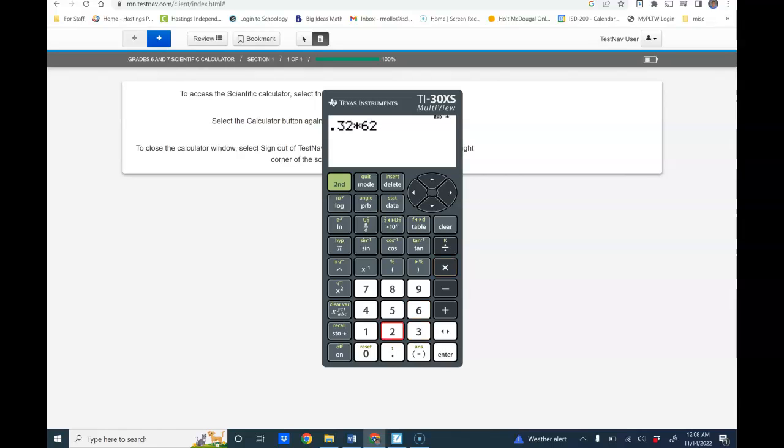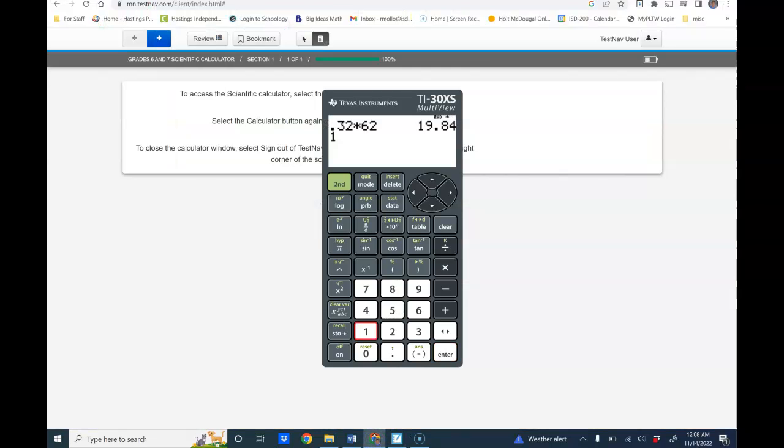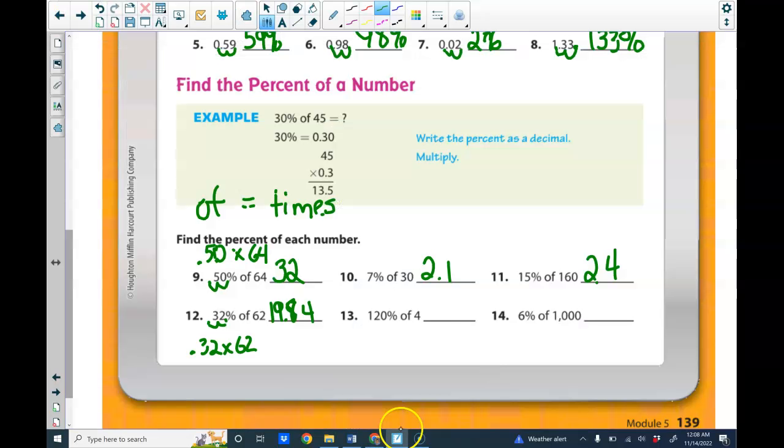Times 62 is 19.84. Well, 120% of 4. So 120%, whoops, not 1200%, times 4 gives me 4.8.